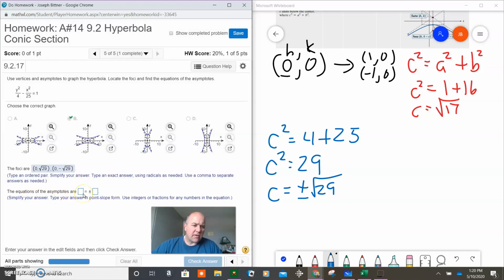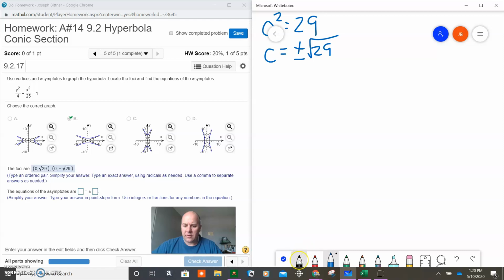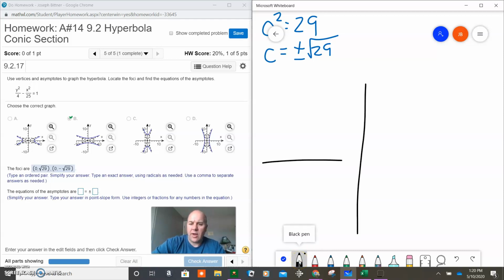And the equation of the asymptote. I'm going to run through this fairly quickly so you can see the ending part. Here's the original graph. Whenever I graph the hyperbola, since the 4 down here is 2 squared, I'm going to go up 2 and down 2.